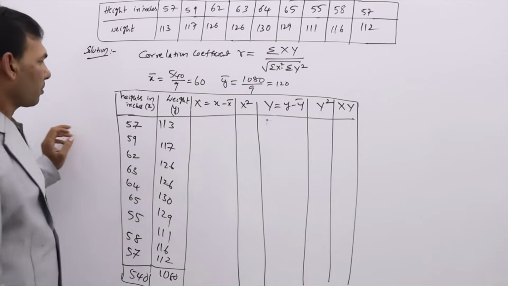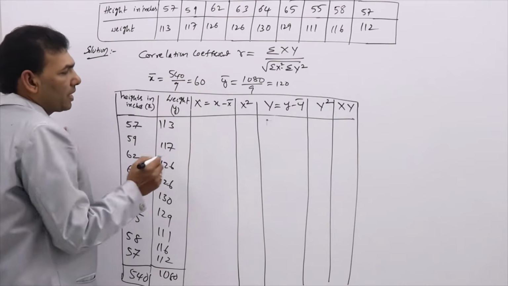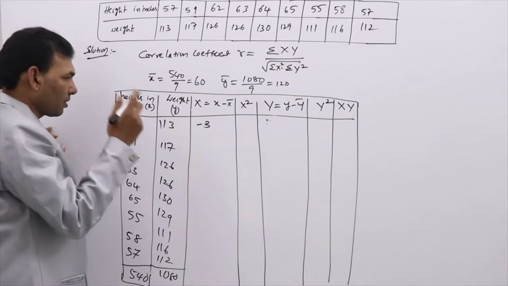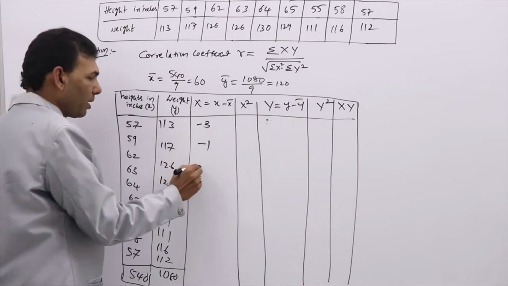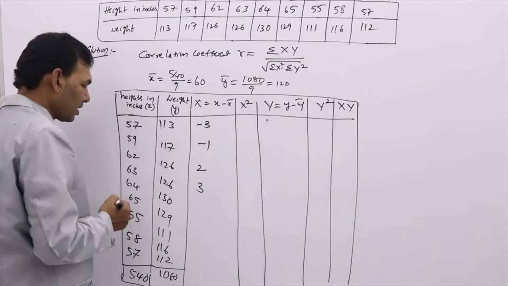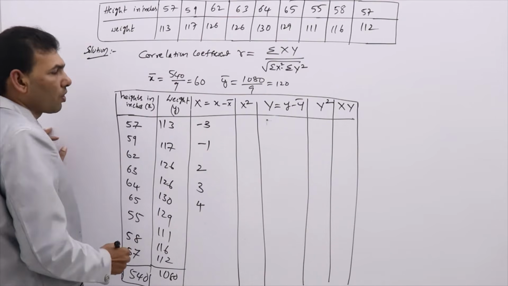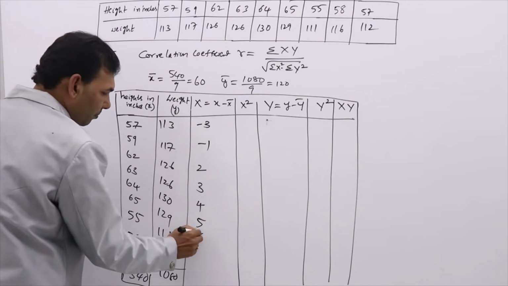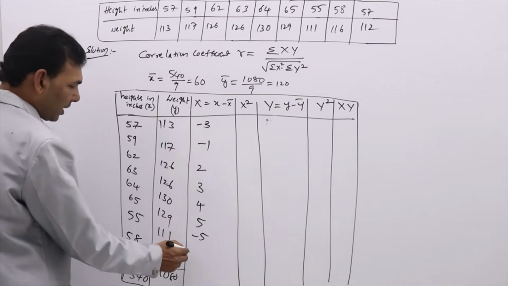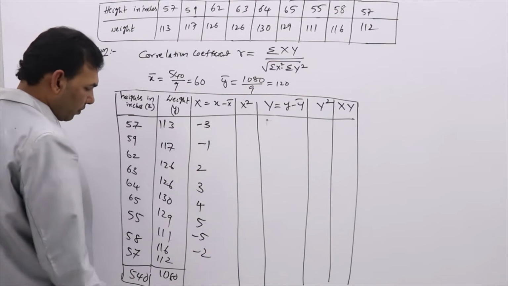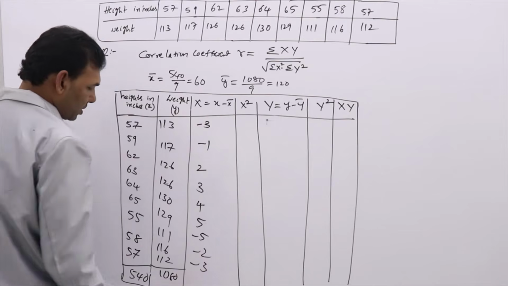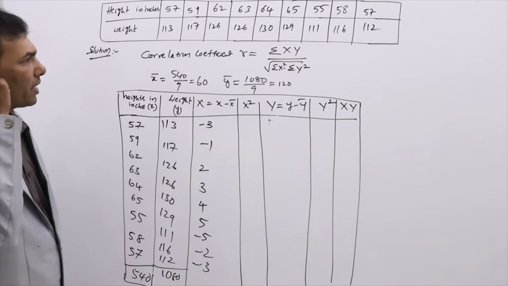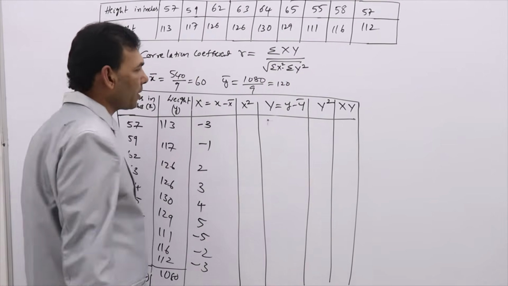X minus x bar: 57 minus 60 is minus 3. 59 minus 60 is minus 1. 62 minus 62, 63 minus 63, 64 minus 64, 65 minus 65. 55 minus 60 is minus 5. 58 minus 60 is minus 2. 57 minus 60 is minus 3. So this sum is not needed in the question. We need sigma xy and sigma x square and sigma y square.